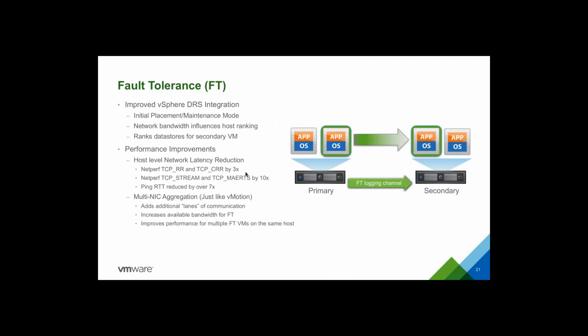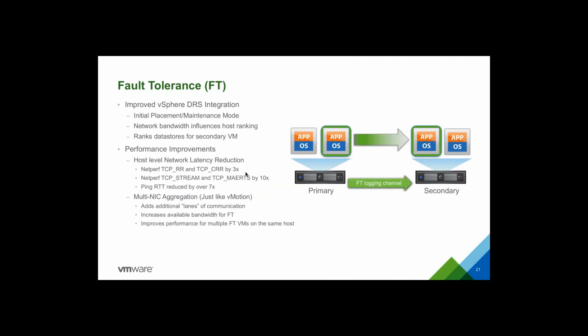And then the final thing that we're doing is, just like you can do a multi-NIC vMotion, where you create two separate VMkernel port groups and bind a physical NIC to each port group, you can do the same now with FT. So it will essentially bond these multiple pNICs to create an increased virtual network channel.